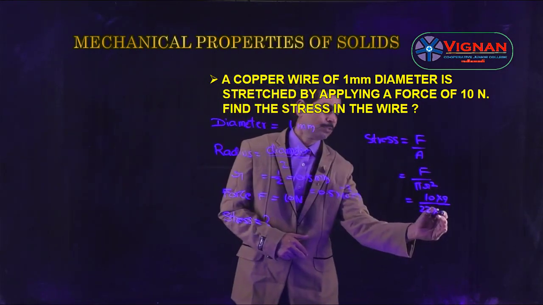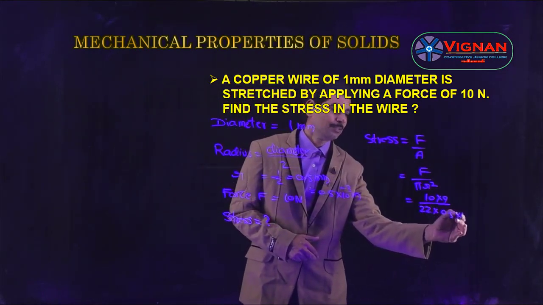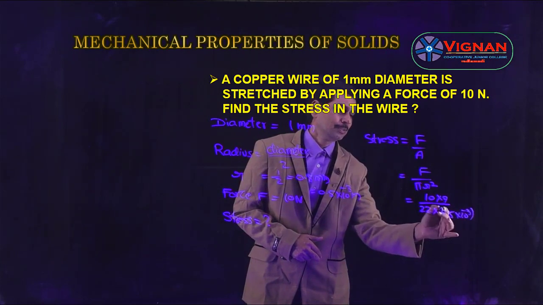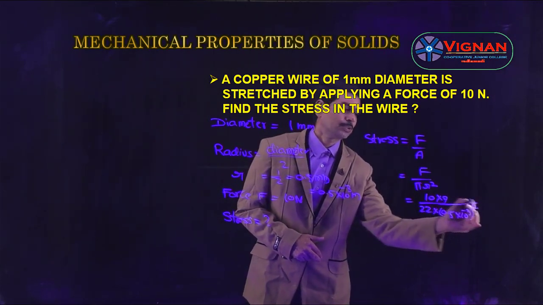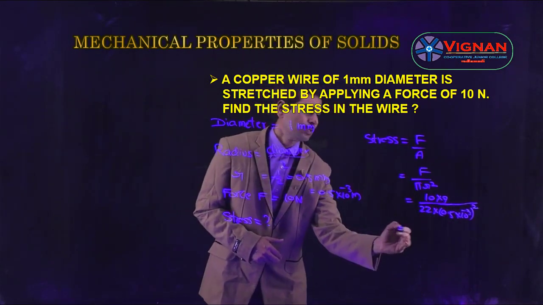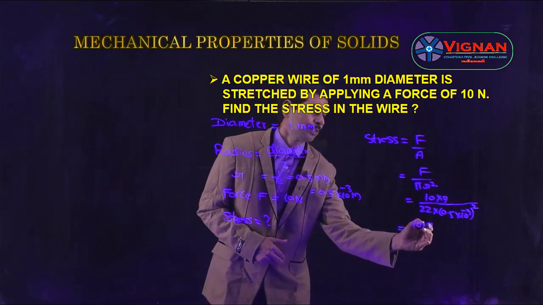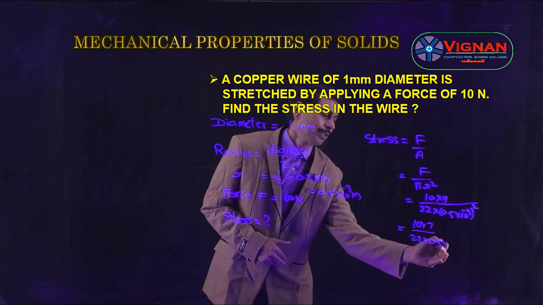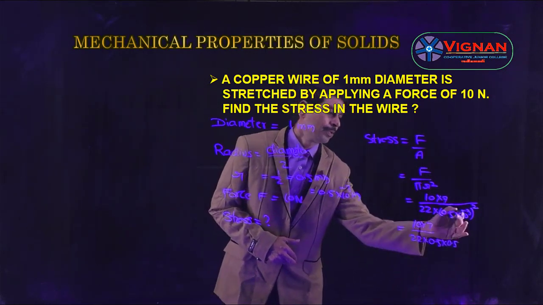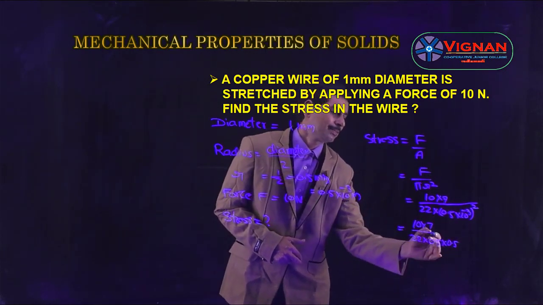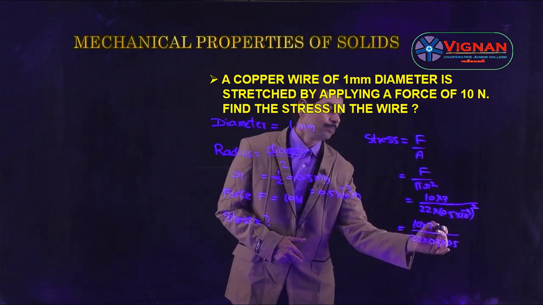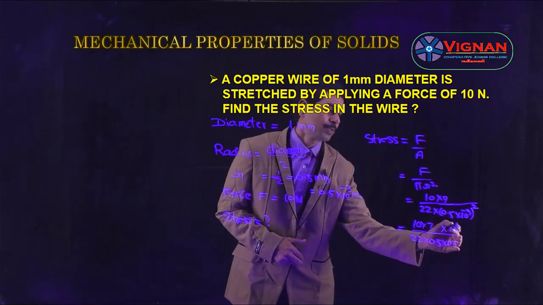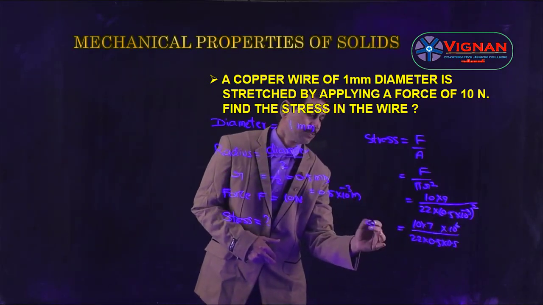So r square becomes (0.5 into 10 power minus 3) square, because it is r square. This is equal to 10 into 7 divided by 22 into 0.5 into 0.5 into 10 power minus 6. When it goes to the numerator, it becomes plus 6. So this is about the stress.